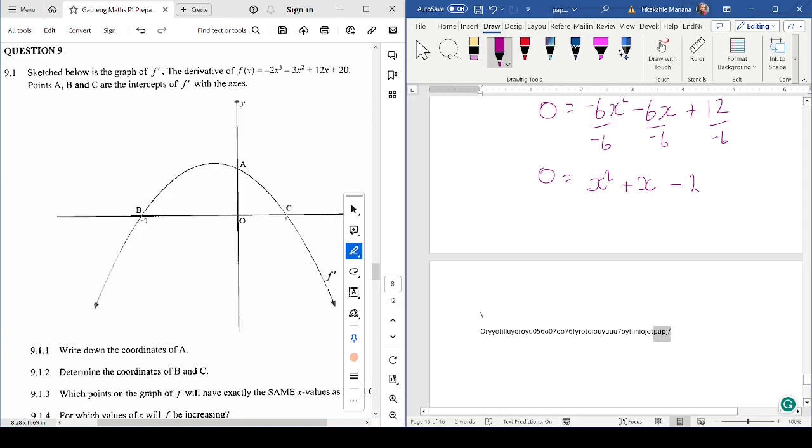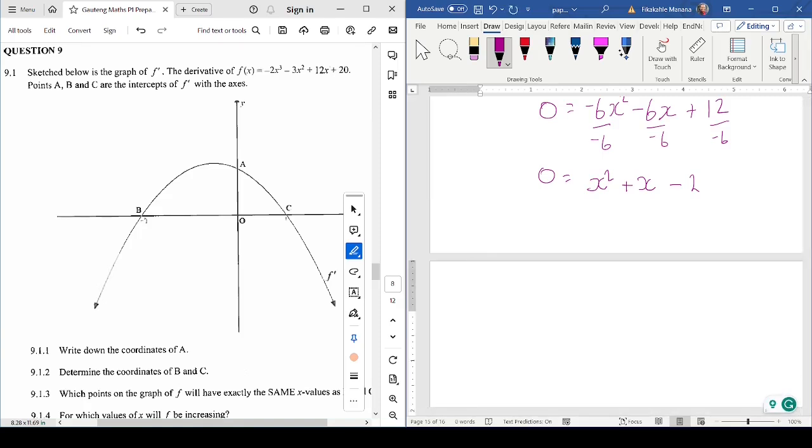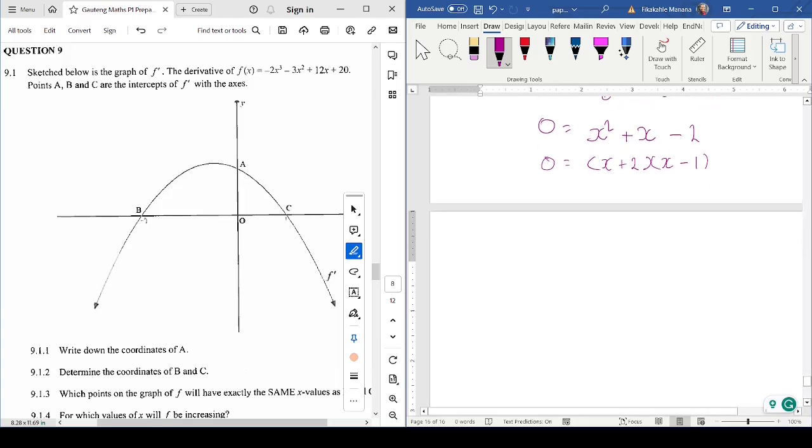Let's move on. We can always factorize this. Open 2 brackets. Factors of 2 are just 2 and 1, x and x. Which one is the positive one? It has to be the bigger number. The bigger number is 2. So there we go.